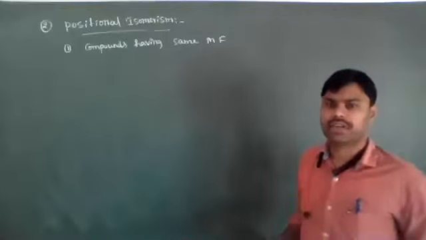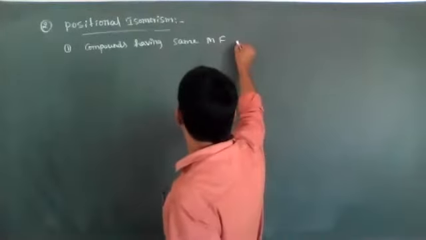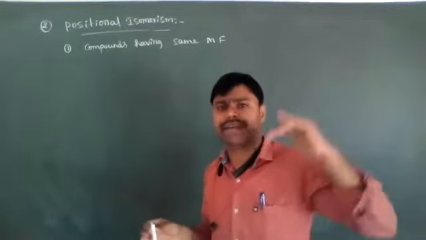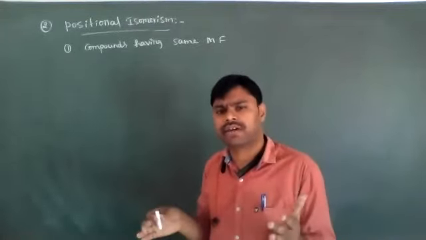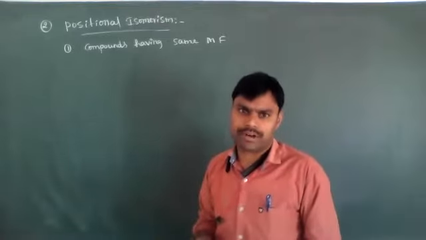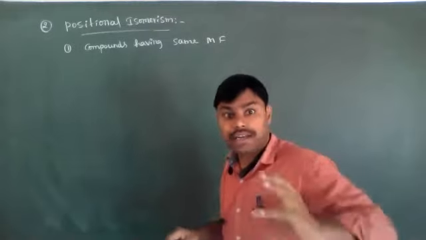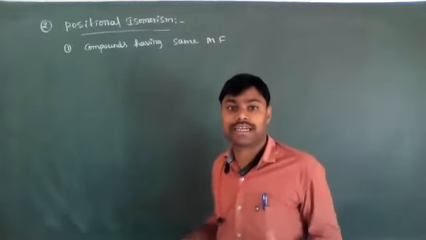Compounds having the same molecular formula, and isomers, as I already said, have the same molecular formula and different physical and chemical properties. Here also different physical and chemical properties are present. But generally, what type of compounds are we calling positional isomers?